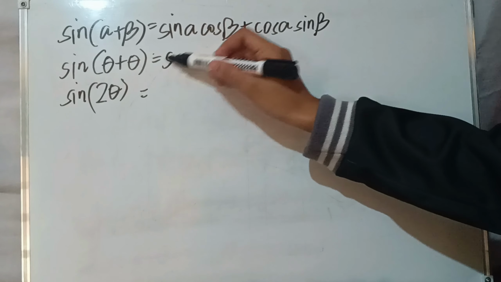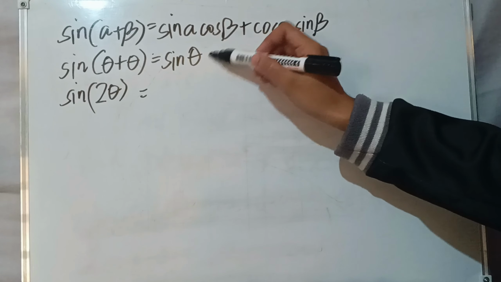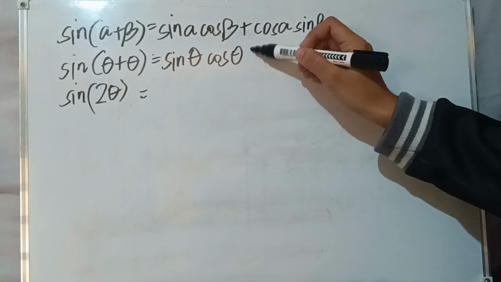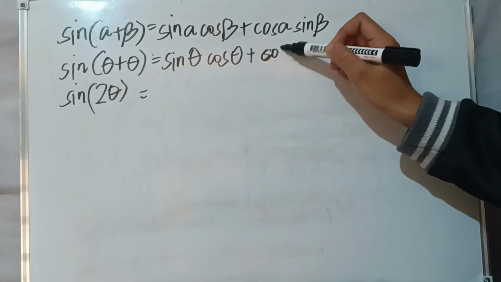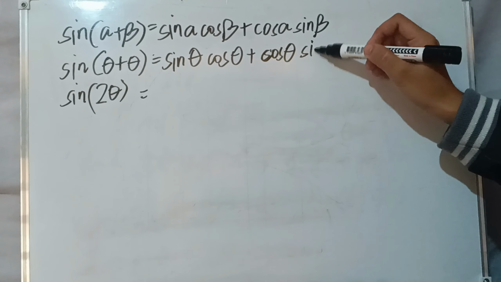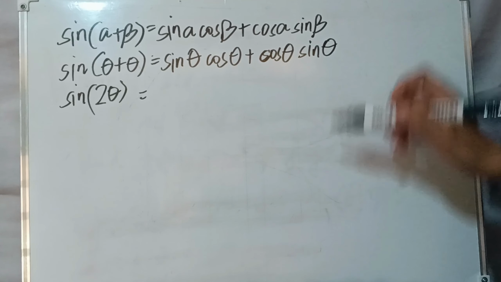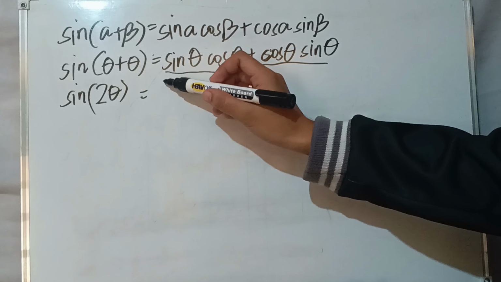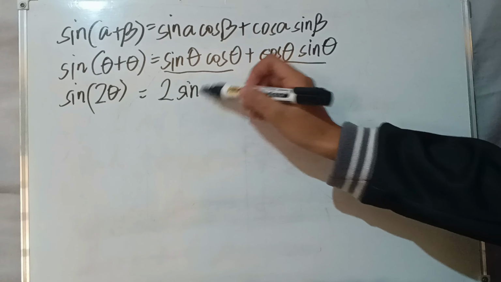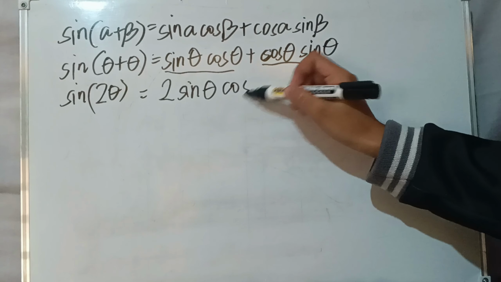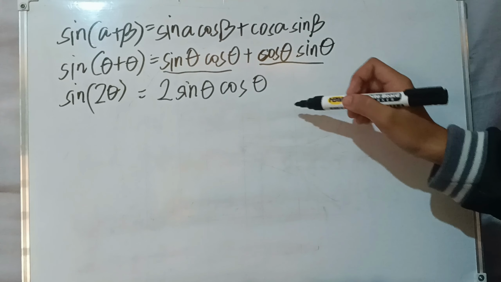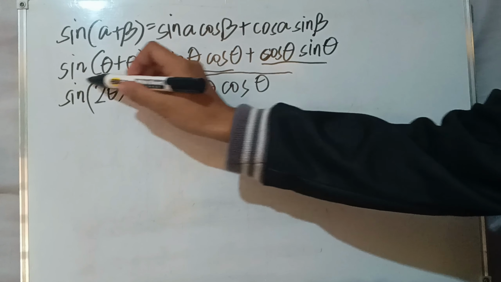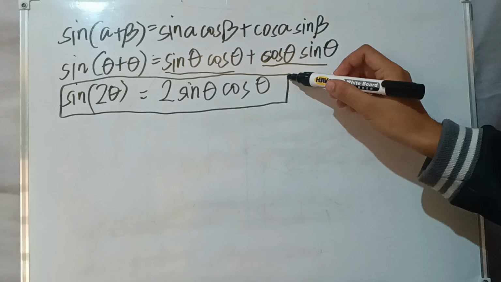So sine theta cosine theta plus cosine theta sine theta. Sine cosine plus sine cosine is equal to 2 sine theta cosine theta. And now we have the formula for the double angle identity for sine.